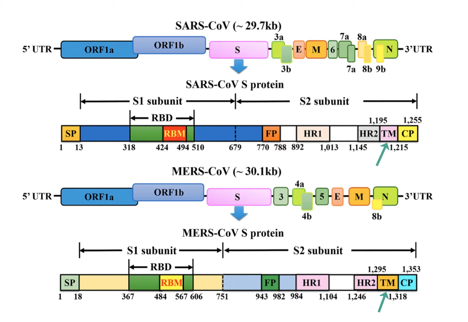And then on the other end, you see the TM region, the transmembrane portion that fits into the membrane. All of the other parts above that are sticking out into the outside portions of the virion, and specifically the RBD and RBM regions. Those are the portions that interact with the surface receptors on the host cells.